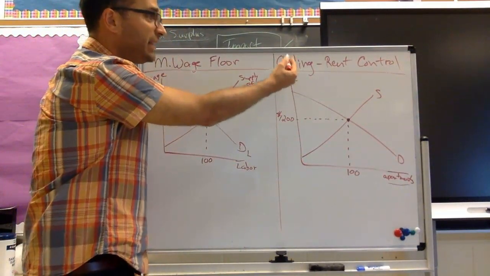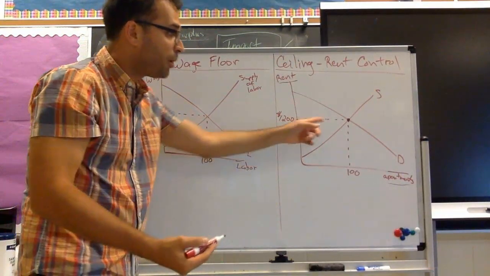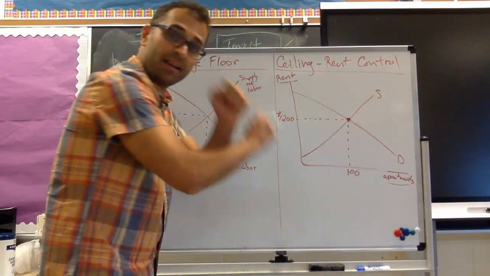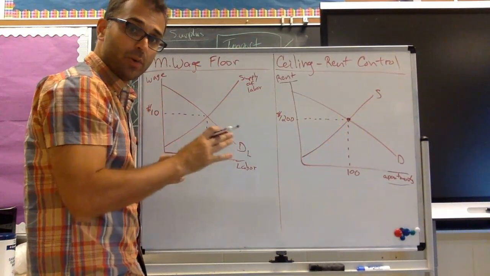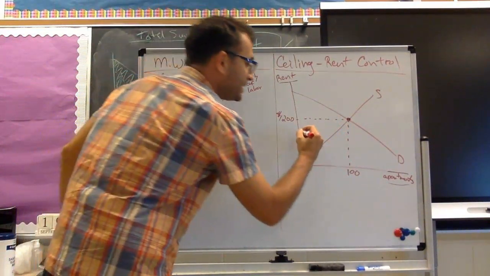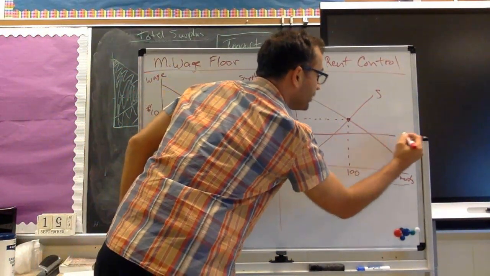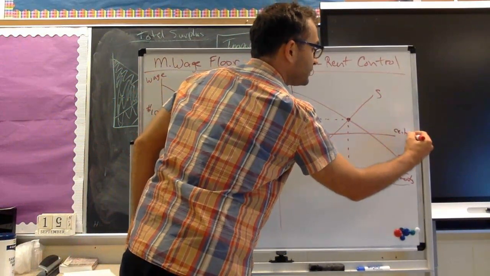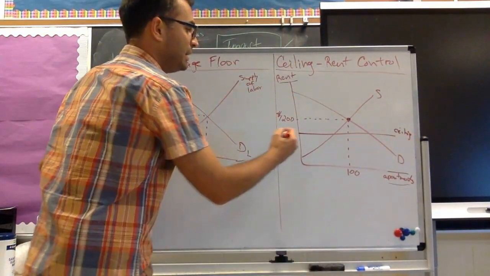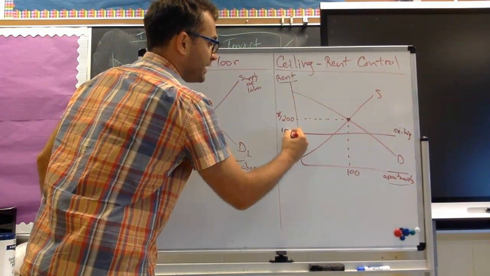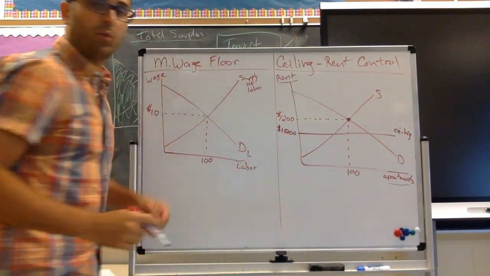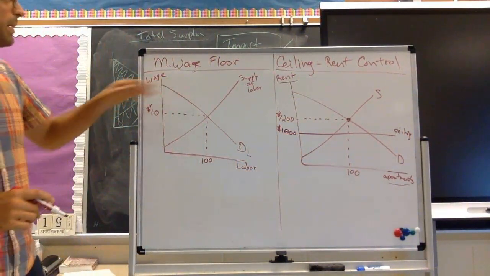An effective ceiling is below the market price. The market price is where the X is, right? Where supply meets demand, QS equals QD. So you would make it somewhere below. So you draw a straight line and you put ceiling. And we'll make our ceiling $1,000 rent instead of $1,200.